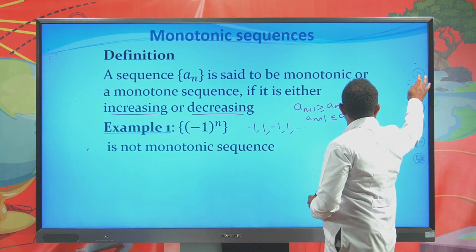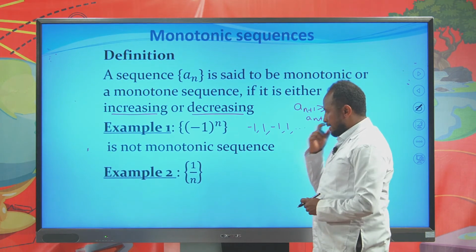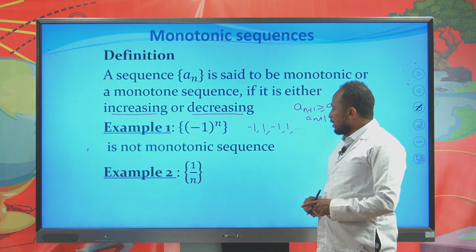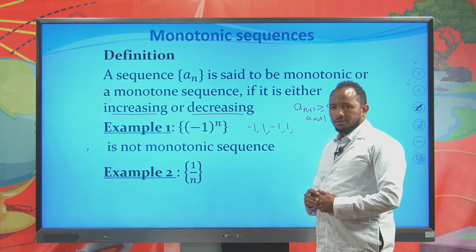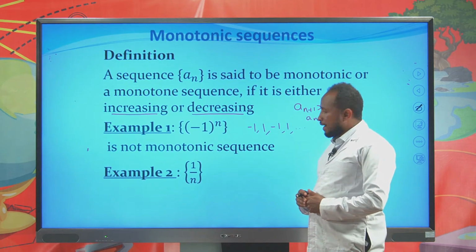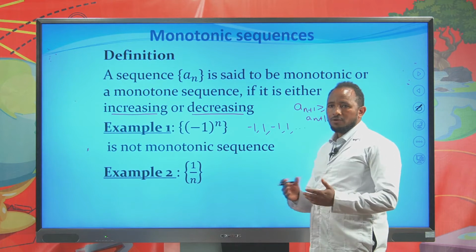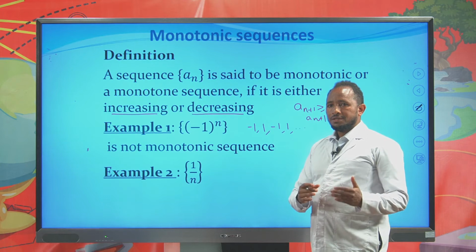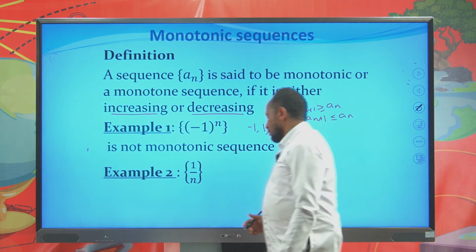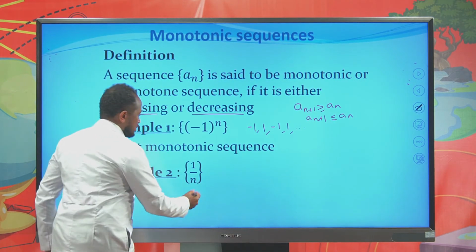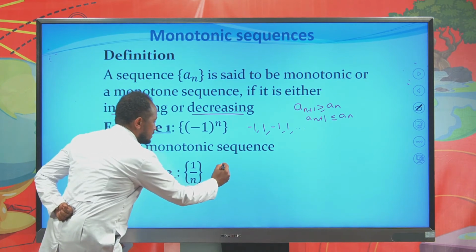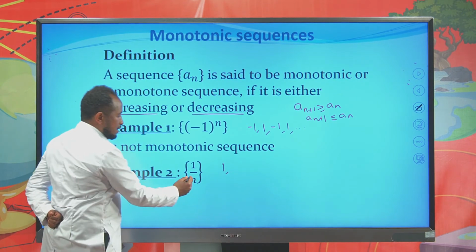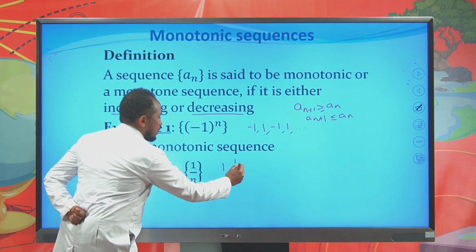Okay, now let's see a second example. Look at this one. 1 over n is given, so we are asked to determine whether this sequence is a monotonic sequence or not. To check that, let's list the terms of this sequence. The first term is 1, and the second term, when you put 2, is 1 over 2.